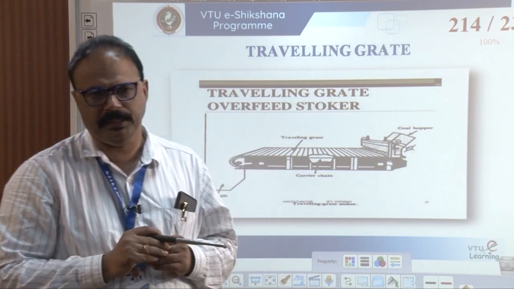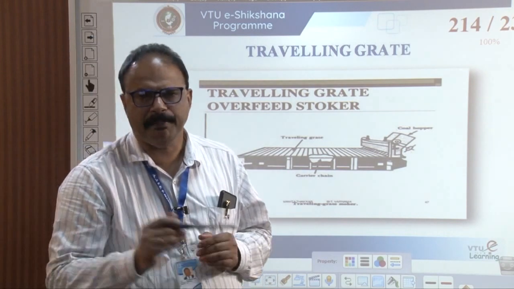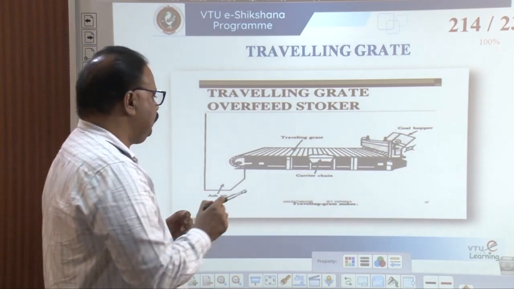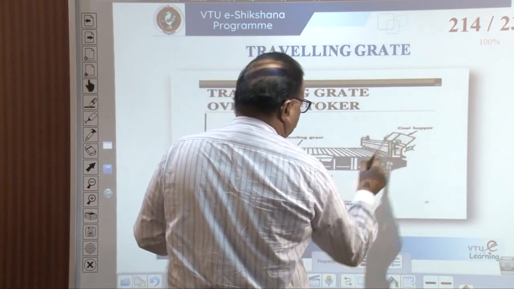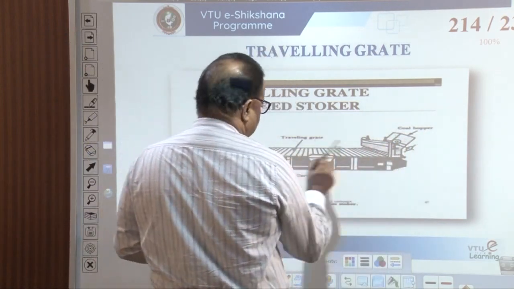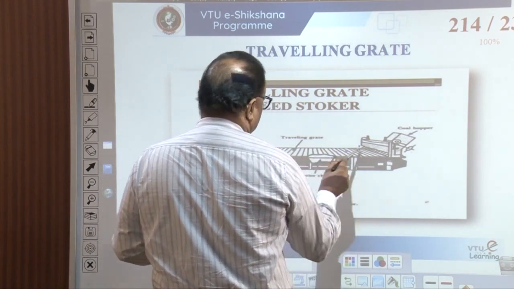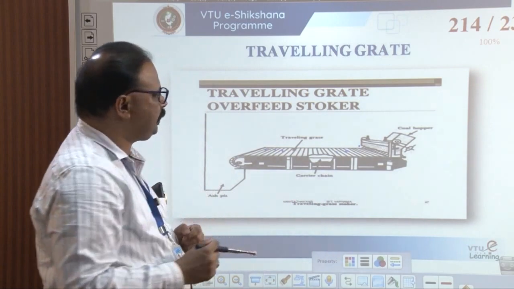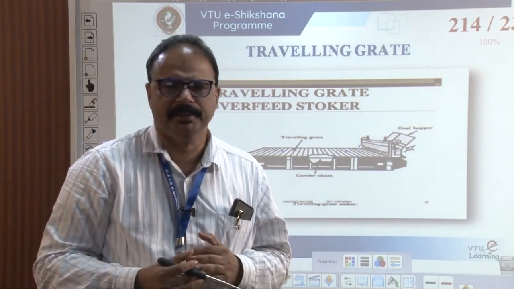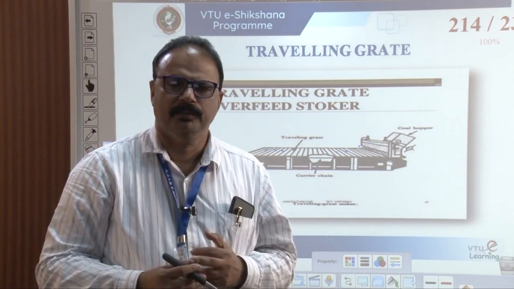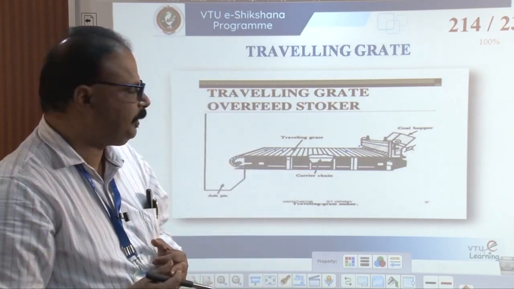The waste is kept above, and this is the burning waste. Here the coal hopper is there, here the traveling grate, here waste is kept, and here high temperature burning takes place. The traveling grate is the incinerator we are using.